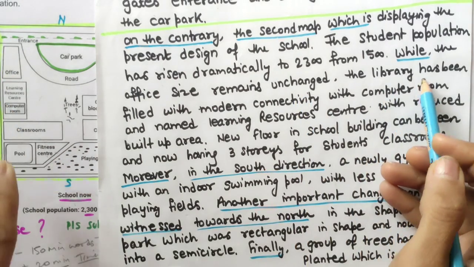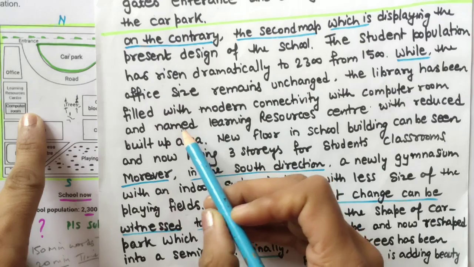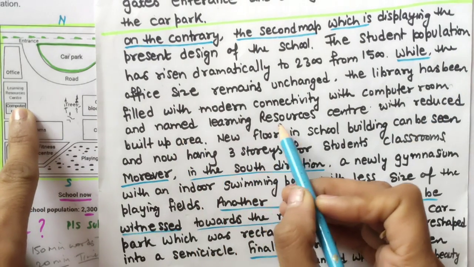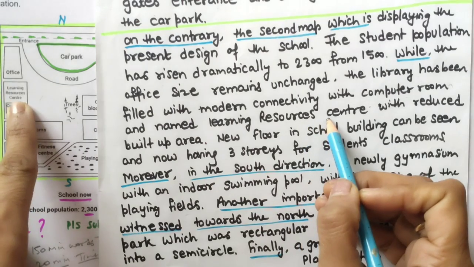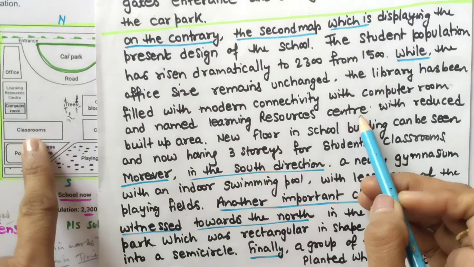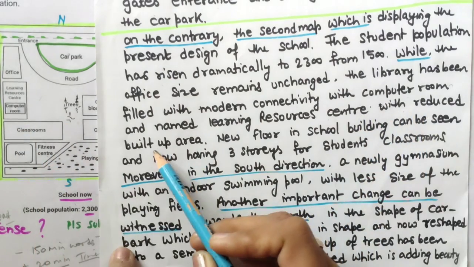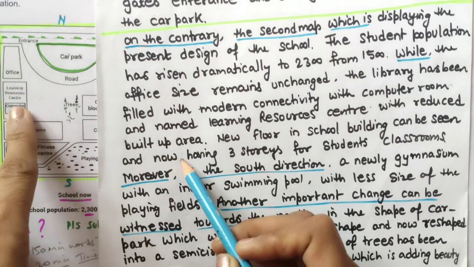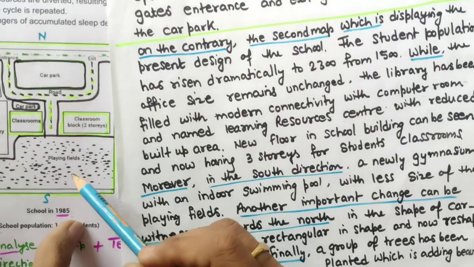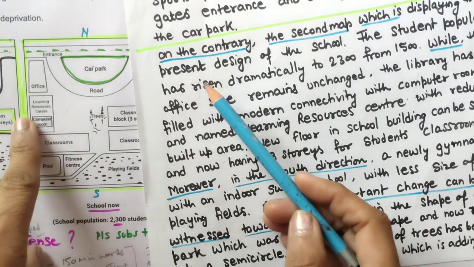Okay, the library has been filled with modern connectivity, with a computer room, only one room is there, and named learning resources center, whatever the name or spelling given. So I will write it, I will not ignore anything whatever they have described here. With a reduced built-up area, they have reduced the built-up area also, because earlier there was a large library. Now they have reduced this library size.